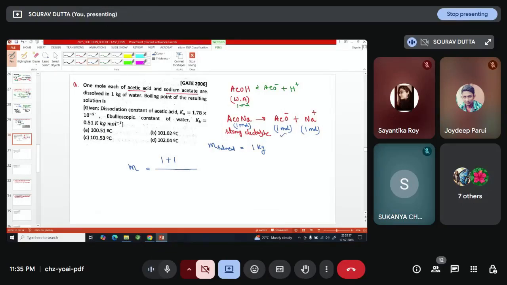Here 1 mole, here 1 mole, and I am taking acetic acid as almost undissociated, so I can take it as 1 mole because it is a weak electrolyte. So total number of moles is from acetic acid 1 mole and from sodium acetate 1 + 1, that is 2 moles. So 2 + 1, that is basically 3 moles in the above section.